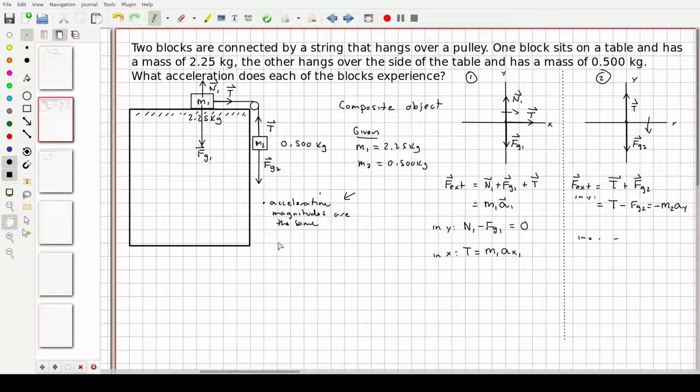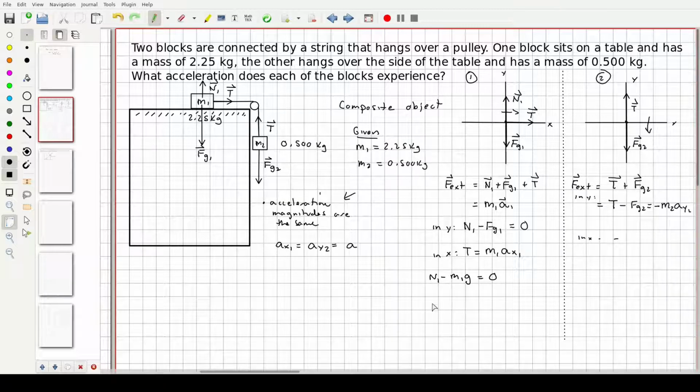So what I'm going to do is to call a_x1 and a_y2, should be a 2 there for consistency, just A. I'm just going to call them A. All right? Now, if you do that and you rewrite your equations here, the top equation says N1 minus, now what was the weight? M1 times G is equal to 0.